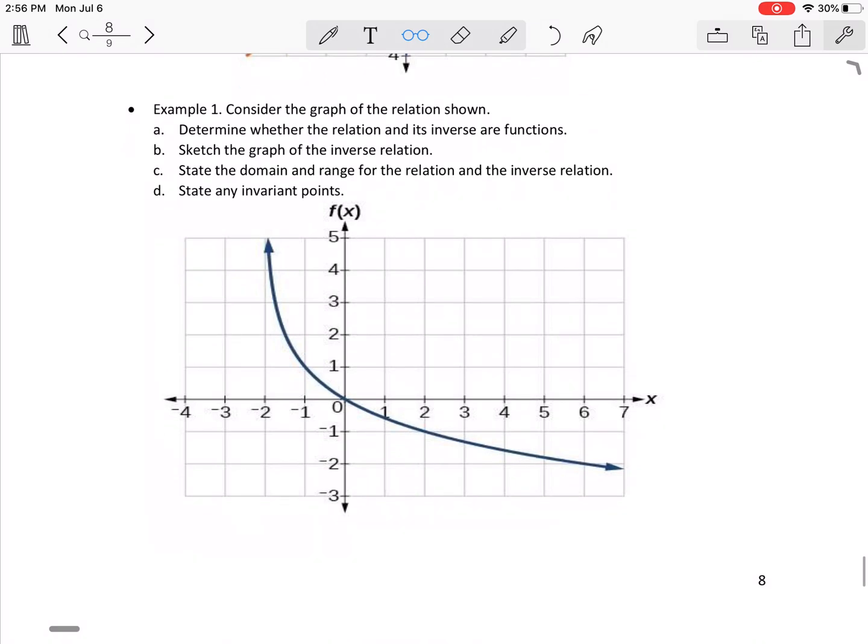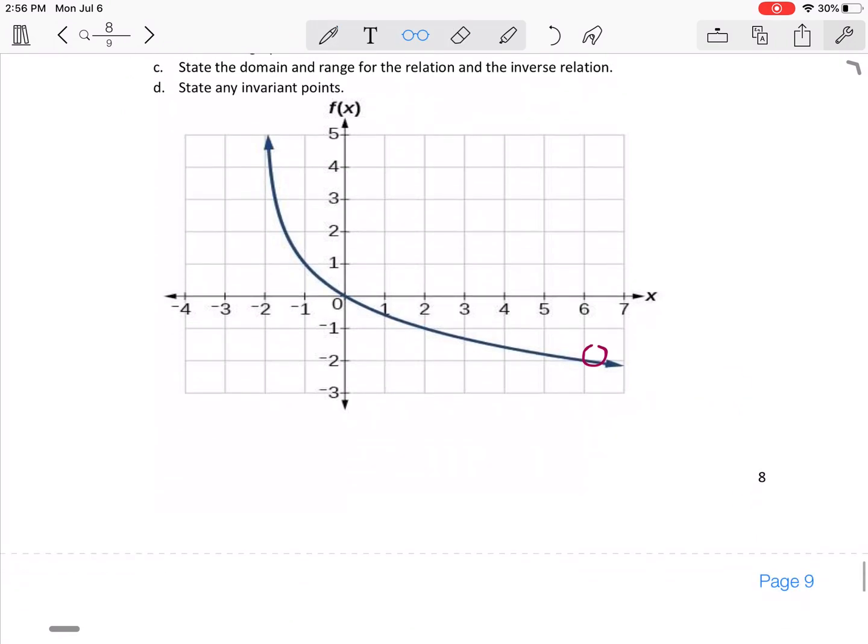First one here, so there's your original function, and so what we would want to do is find some coordinates. Okay, so let's take this one here. That is 6. Let's put that over here: 6 and negative 2.